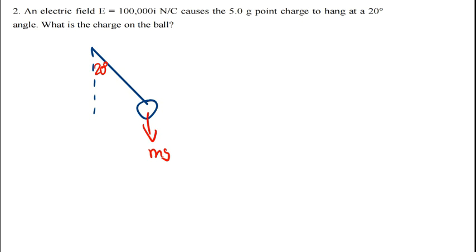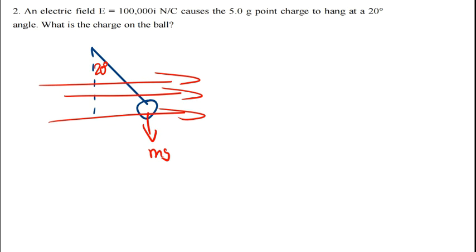Now we are saying that this electric field is causing this ball to hang at an angle. For it to cause this ball to hang at an angle, meaning that it is moving in that direction, that is our electric field, which is 100,000 Newton per coulomb. Why are we saying this?